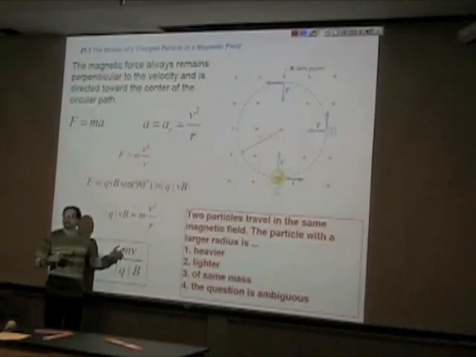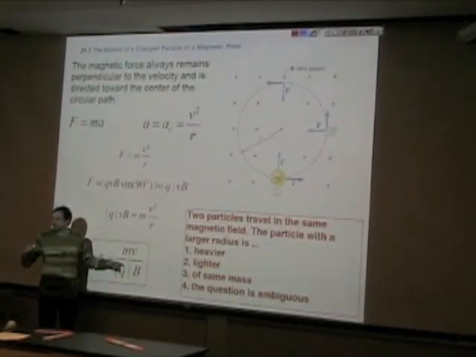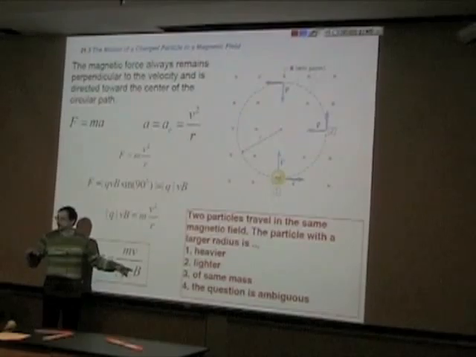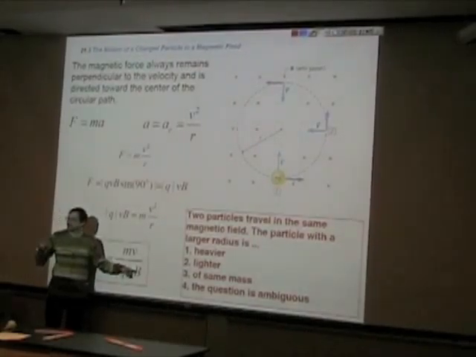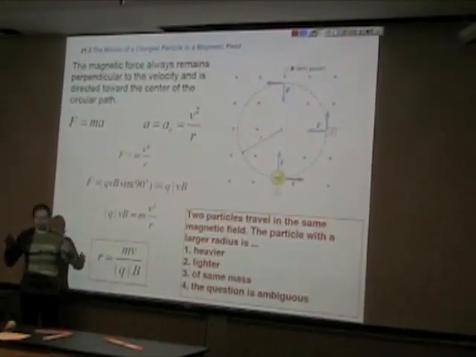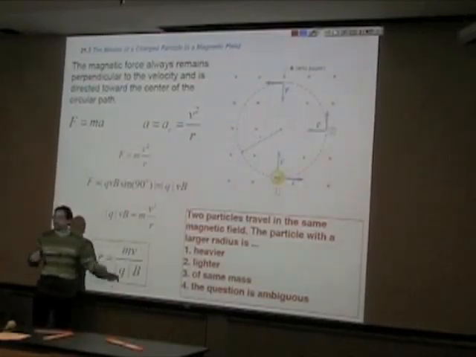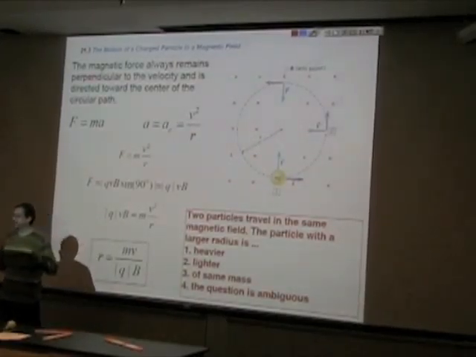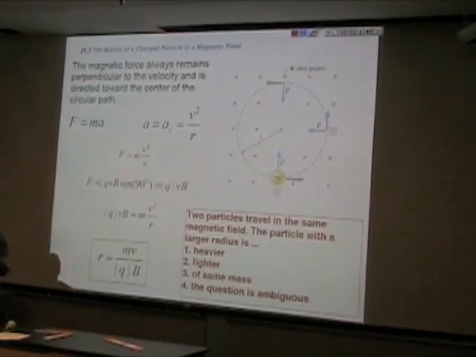In that case, m is the same for both. Charge is the same, field is the same. In that case, for 2 equal particles, the radius and speed are directly related. And in that case, the faster particle travels in the larger circle, or the larger circle represents the particle traveling faster.